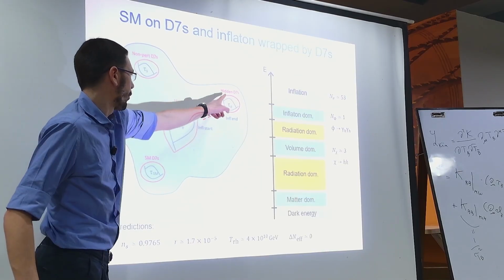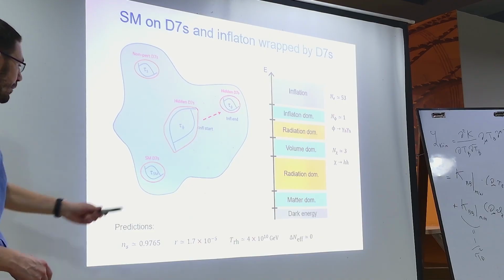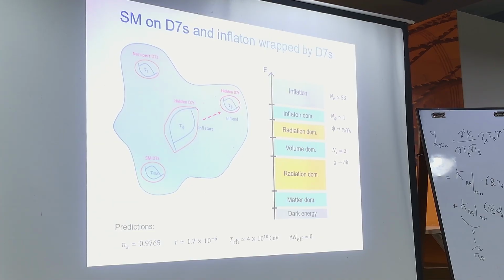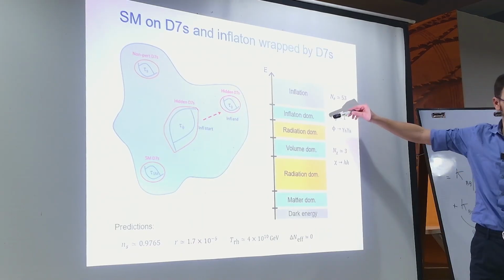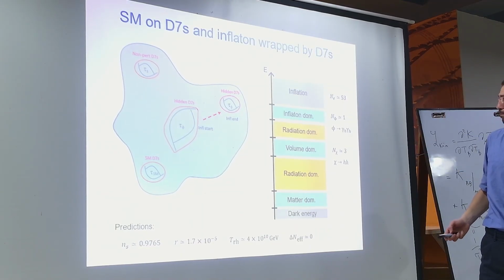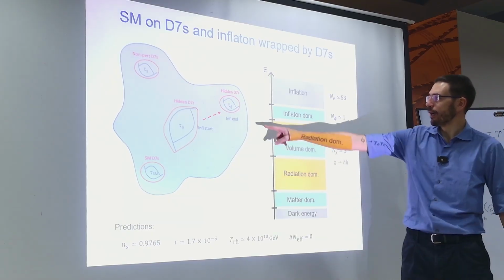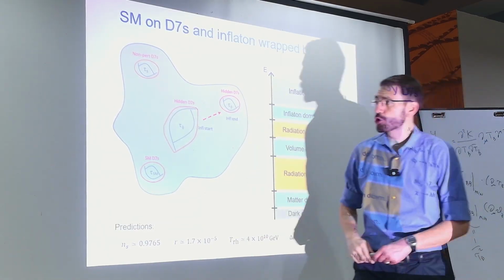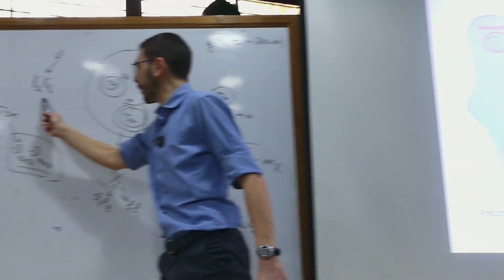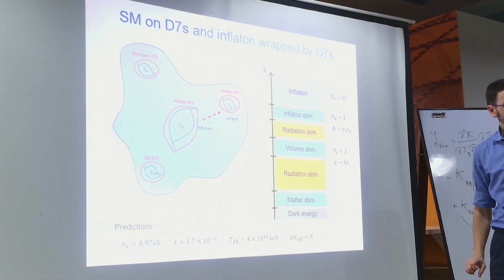It's wrapped by hidden D7, and the standard model sits on this tau standard model. So now what happens is that you have inflation. After the end of inflation, immediately the inflaton decays into the hidden sector and produces this hidden gamma gamma. Very quickly, there's only one e-folding.